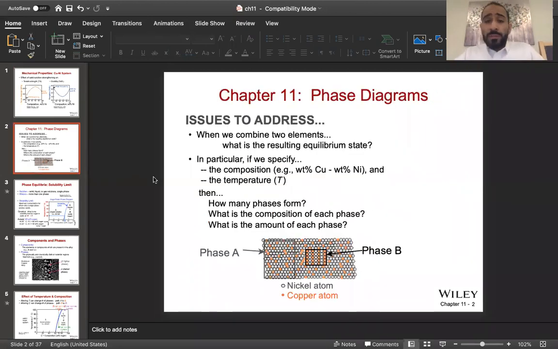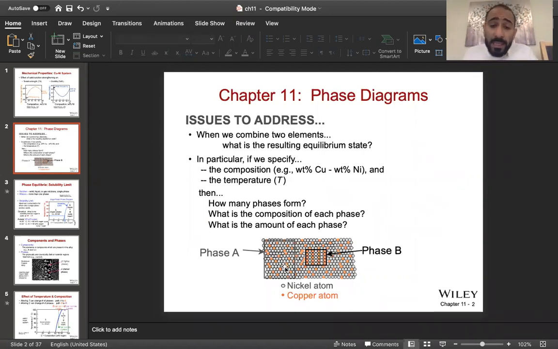Why are we talking about this? Because if you look at the figure over here, you can notice that this alloy is made of 2 components, nickel atoms and copper atoms. But you can notice clearly that these 2 regions are different.